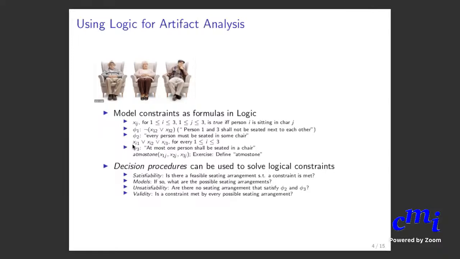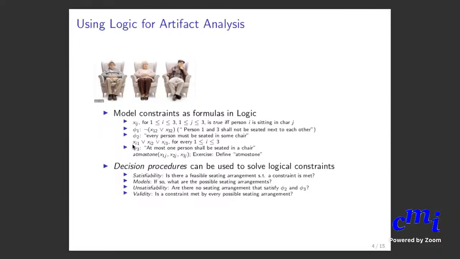So in logic, these are the three main notions: satisfiability, unsatisfiability, and validity. Unsatisfiability is the negation of validity. If a formula is not valid, then the negation of that formula will be unsatisfiable. And that's because of the way you define negation as the complement of the thing.